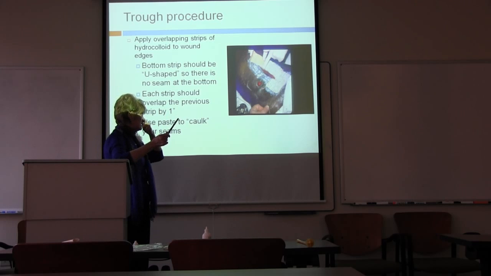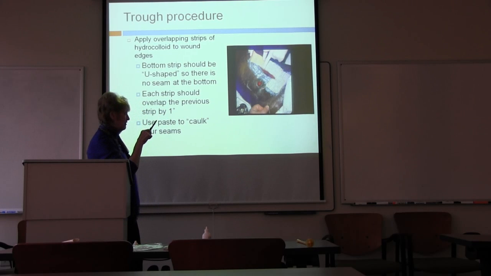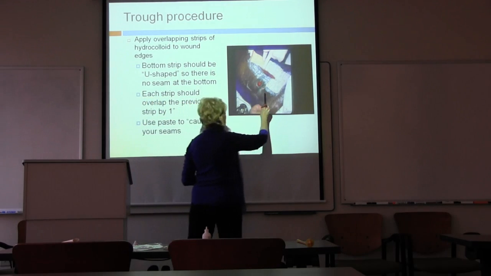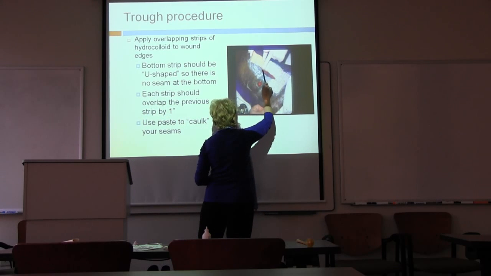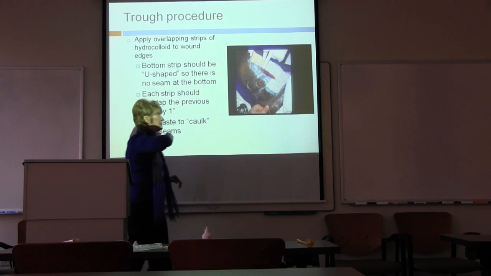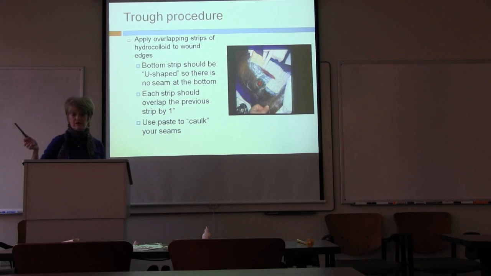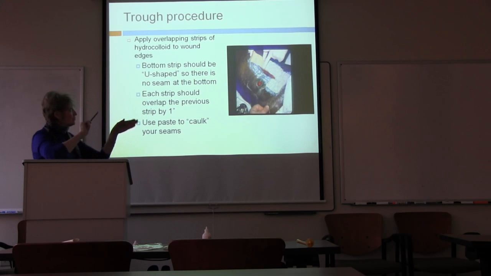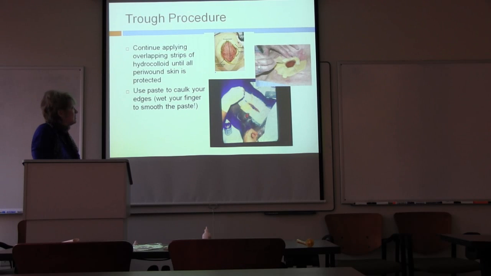I know that in this slide, it looks as if the barrier strips come right up to the edge of the wound, but that's not true. They were cut to clear the wound. It's just that we have already applied paste as our caulk, and therefore it looks as if the barrier comes up to the edge of the wound. So you keep applying barrier strips until the entire surface is covered.